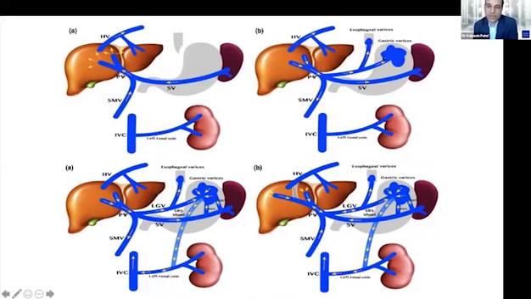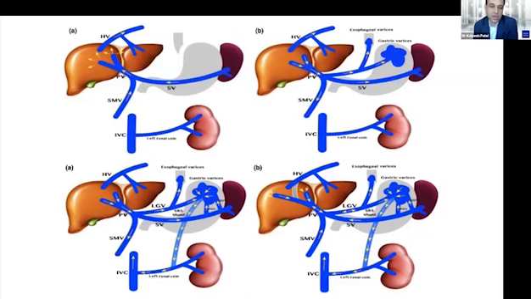Now, the other factor that affects our management is the spontaneous development of portosystemic shunts. Here we can see such a shunt coming off the left renal vein that may also be contributing to the gastric varix.